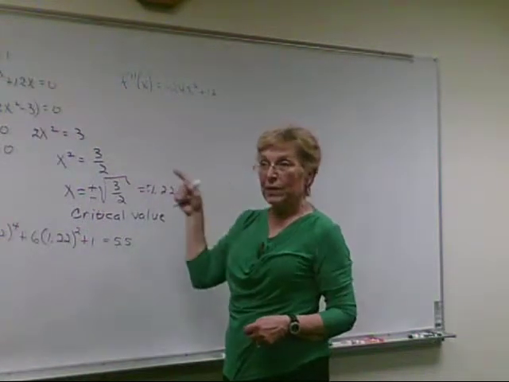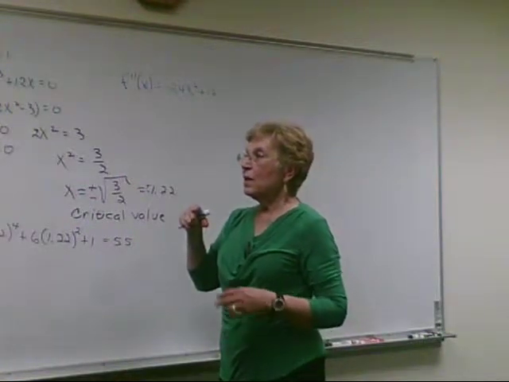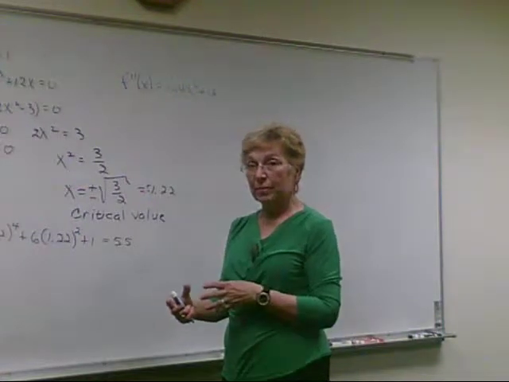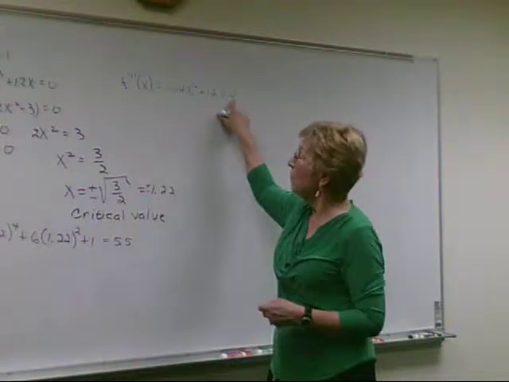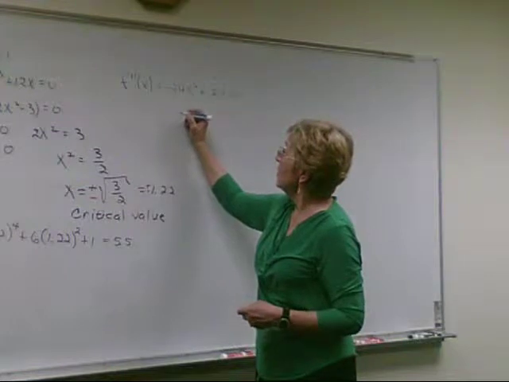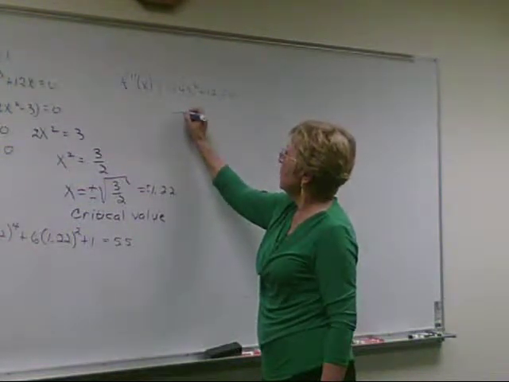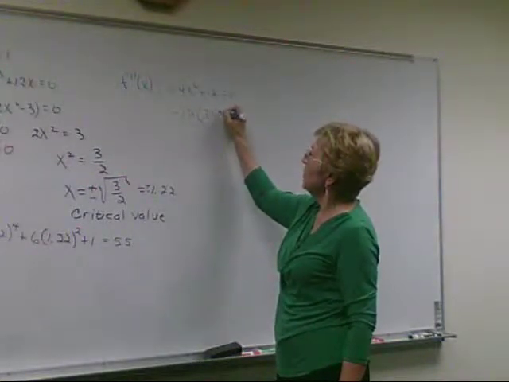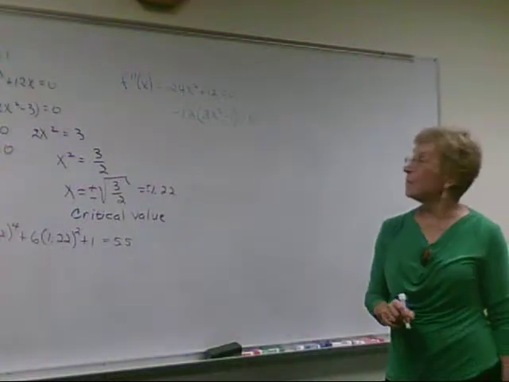And to find points of inflection, I need to find the place where concavity changes. It goes from a positive to a negative. Hence, it has to be 0 there. So we'll force it to be 0. And then we'll do like we did on this problem where we do what we can to solve. So factor out a negative 12, leaving behind 2x squared minus 1, forcing it to be 0.